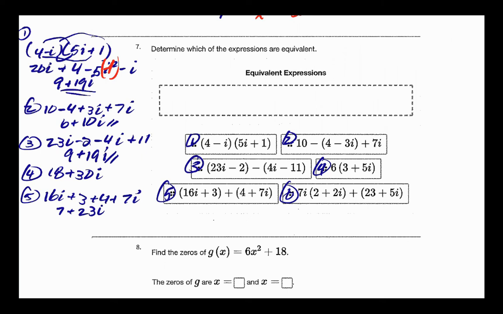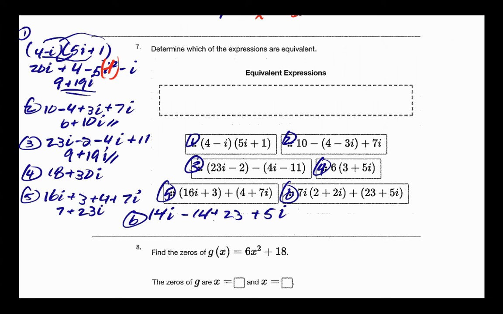And let's see, number 6 here. If I do that one there, I'll have 7i times 2, that's 14i. Then 2i squared, times 7i, is 14i squared, but remember, that means that is a negative, right? So I'll have negative 14, and then I'll have plus 23 and plus 5i.